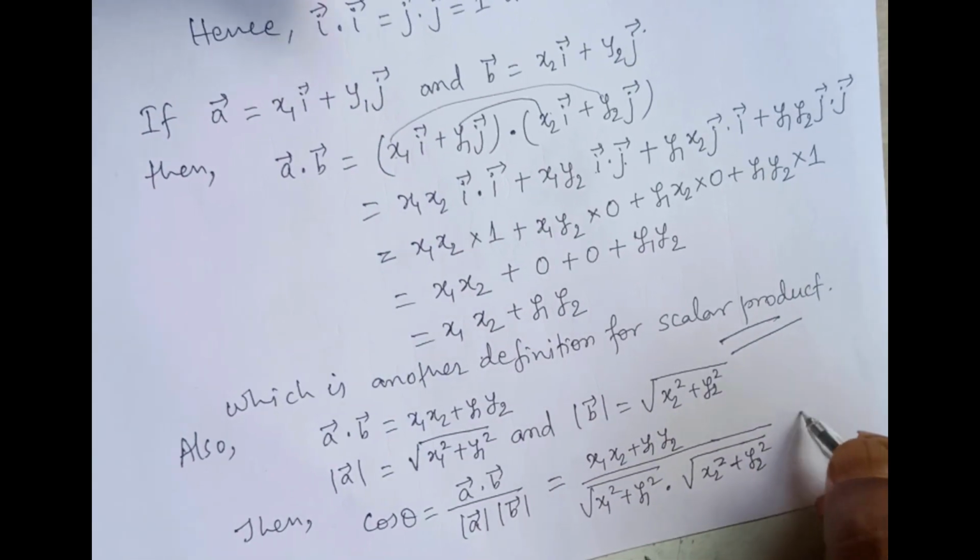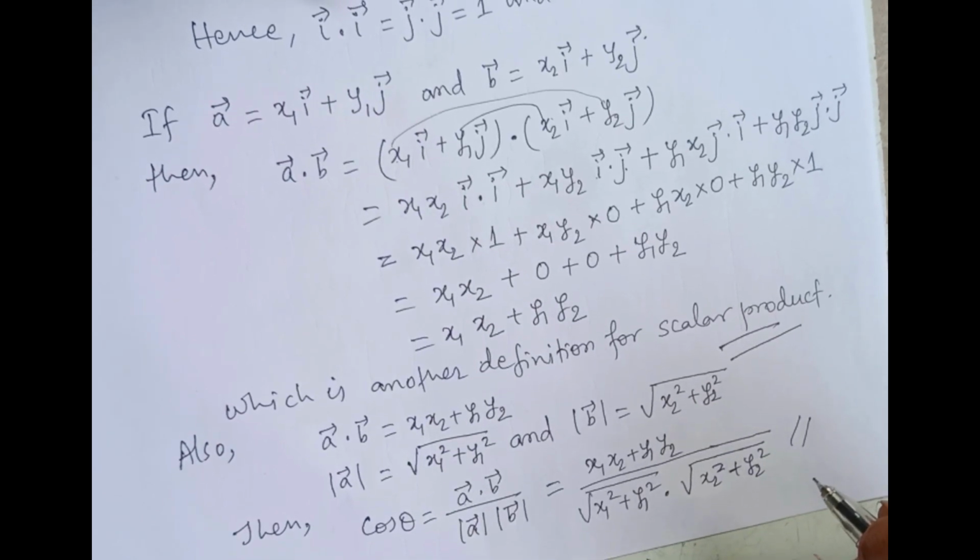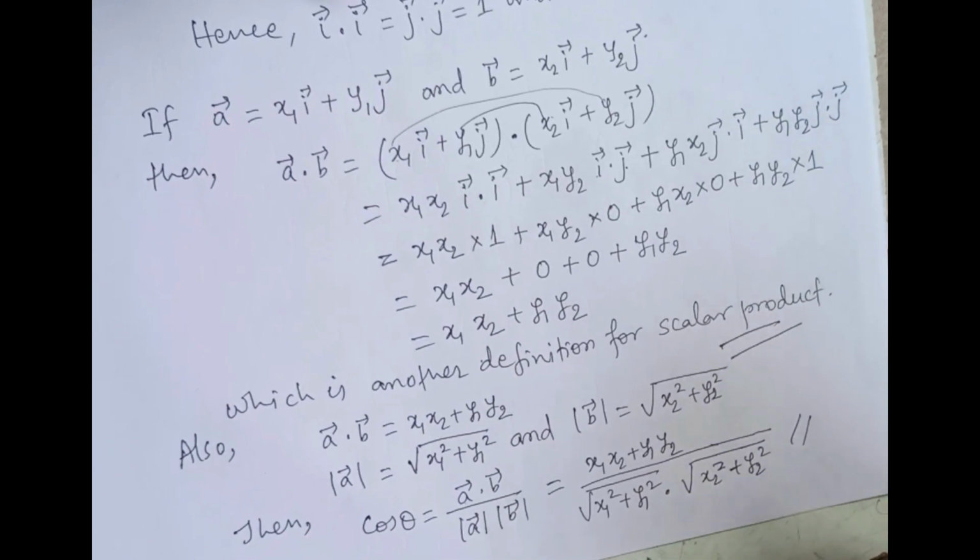So this is the angle between two vectors in the form of components.